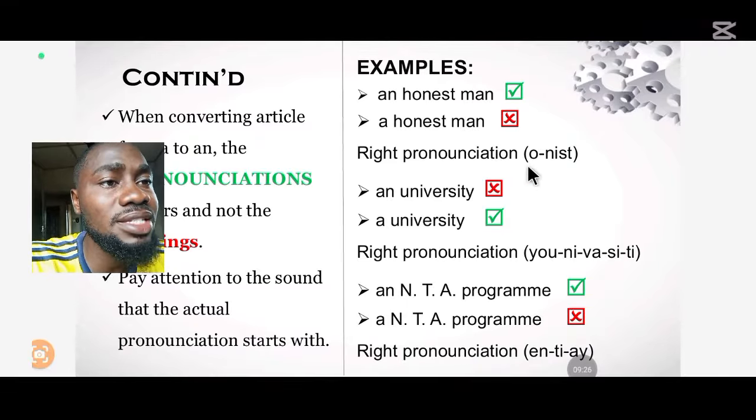So the pronunciation starts with a vowel sound, o, making an honest man correct and a honest man wrong.